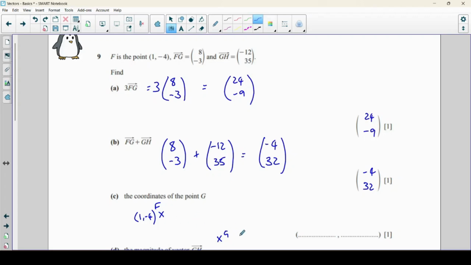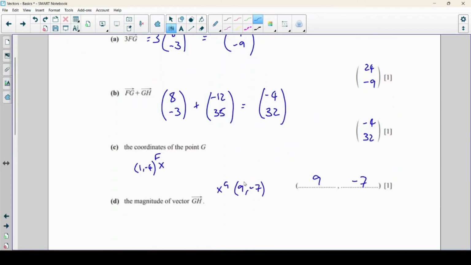So 8 right from F, that's 9, and 3 down, minus 7. It's as simple as that. We could have done it by just adding on that vector: 1 add 8 is 9, minus 4 add minus 3 is minus 7.